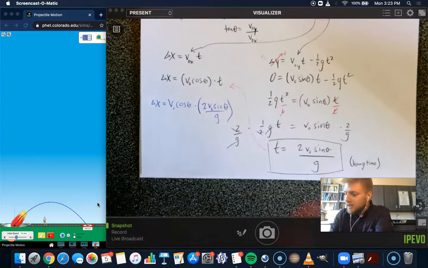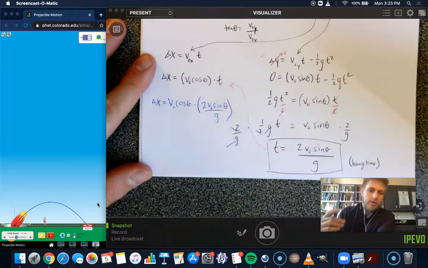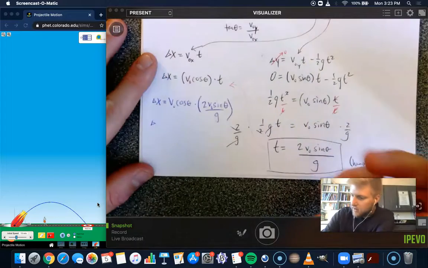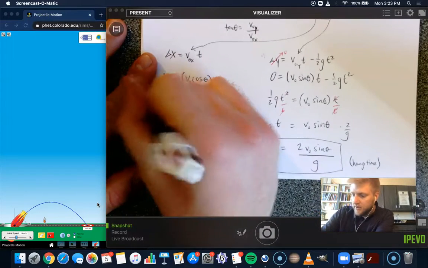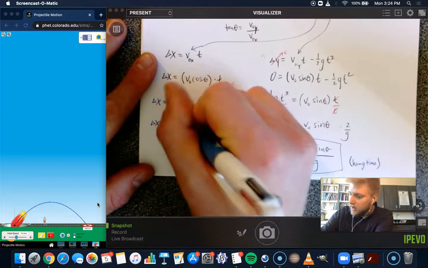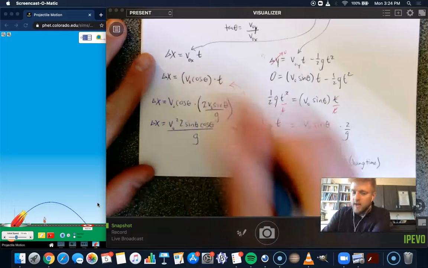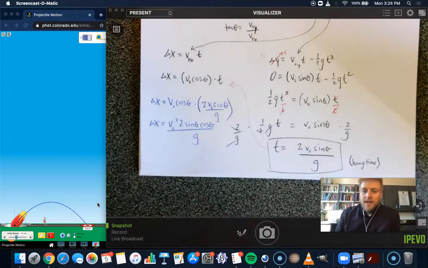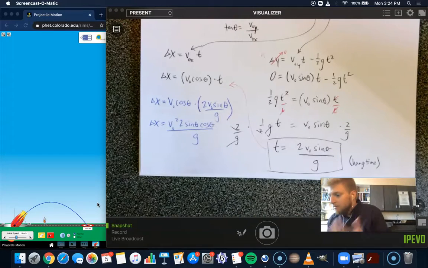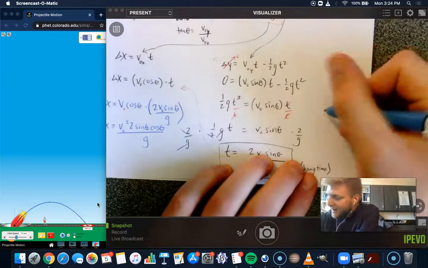That looks terrible. Let's clean it up just a little bit. You can see I have a v naught and a v naught, and let's pull the 2 out front. So actually I'm going to write it in a very specific way. X equals v naught squared 2 sine theta cos theta all over g. Now if you are in pre-calculus, you may recognize this trig identity, but basically, and I ran out of room, so I'm going to write it over here.